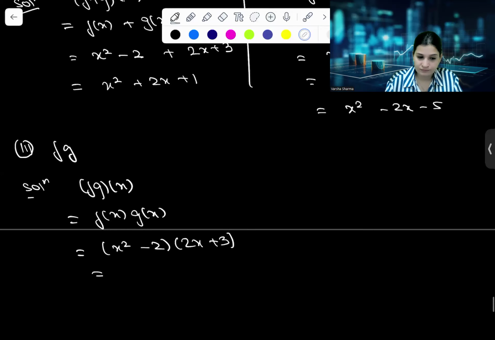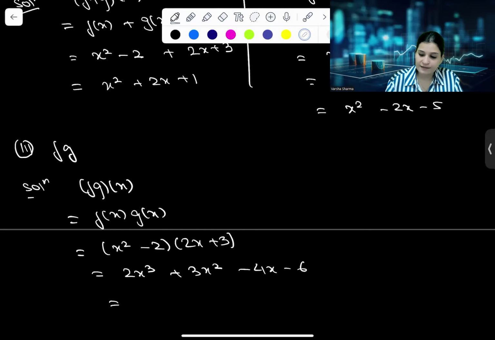Multiply. 2x cubed plus 3x squared minus 4x minus 6. Yes?